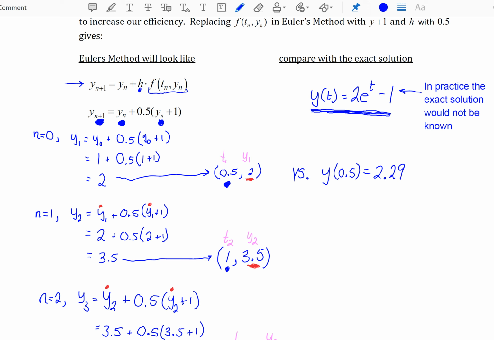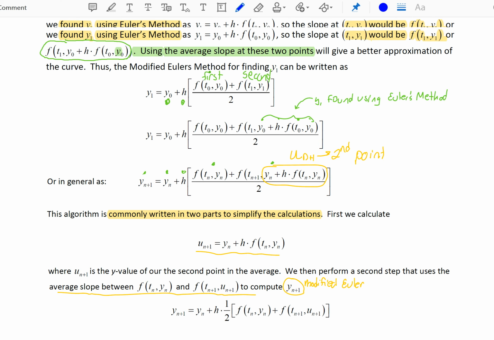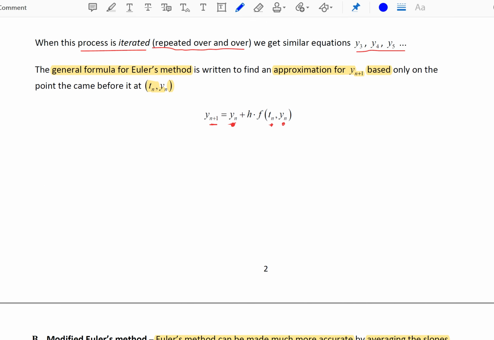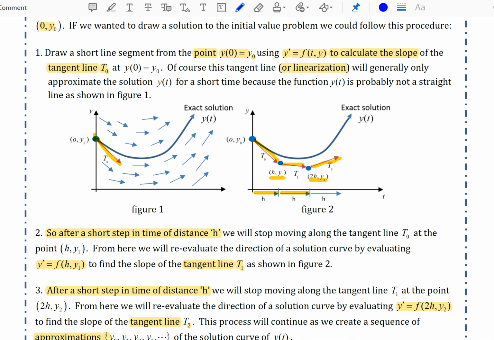Which is not exactly equal to our Euler approximation that we had of 2, but it's close. Now maybe we're expecting it not to be exactly the same, because let me scroll back again. When we thought of Euler's method, we approximated y1 to be here using our tangent line, which was different than what the actual value might have been, because we used a linearization.